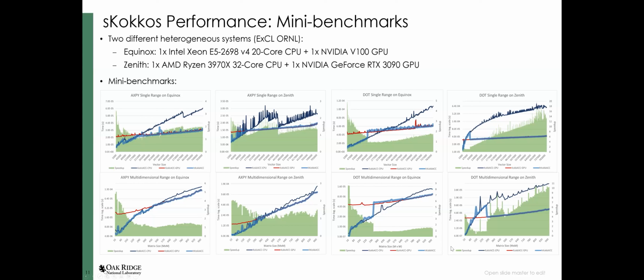Once again, we run simple test cases, AXPY and DOT product on single range, using vectors and matrices, on two different heterogeneous systems. What we see here is that the red line corresponds to the OpenACC backend running on GPU only. The dark blue line corresponds to the OpenACC backend of Kokkos running on GPU only. And then the light blue is this Kokkos right idea.